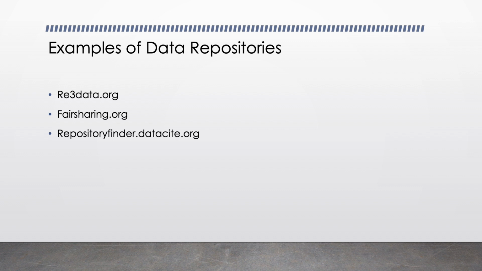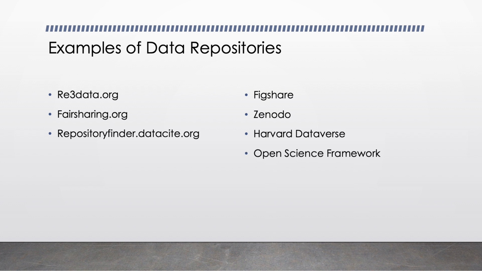Examples of the generalist repositories, which are free of charge, are Figshare, Zenodo, Harvard Dataverse, Open Science Framework, and lastly, Mendeley Data.